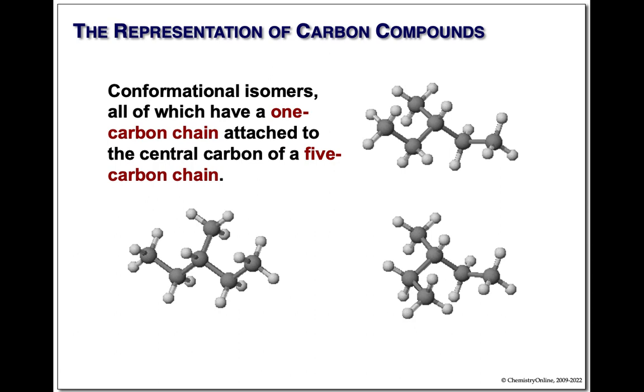This simply reinforces that. For this guy, this is our longest chain, 5 carbons with a methyl on number 3. Again, 5 carbons, methyl on number 3. Same compound, conformational isomers.